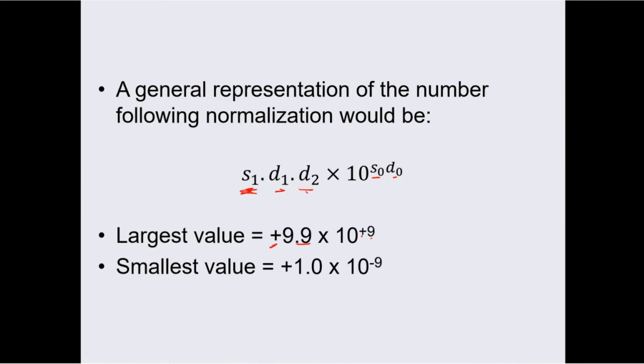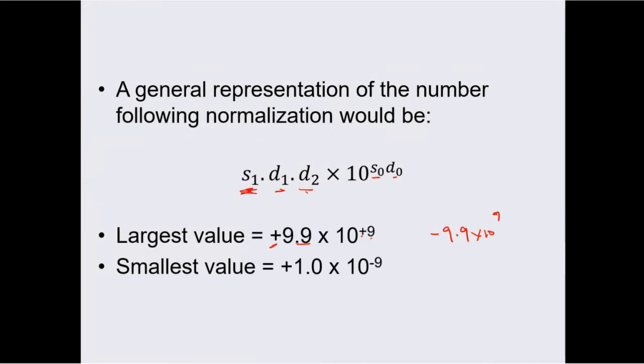So that's the biggest value that we can get. Of course, on the negative side, you can have minus 9.9 times 10 to the power 9. That's going to be the largest negative value, or the smallest negative value, however you want to look at it, that you can have on the negative side.